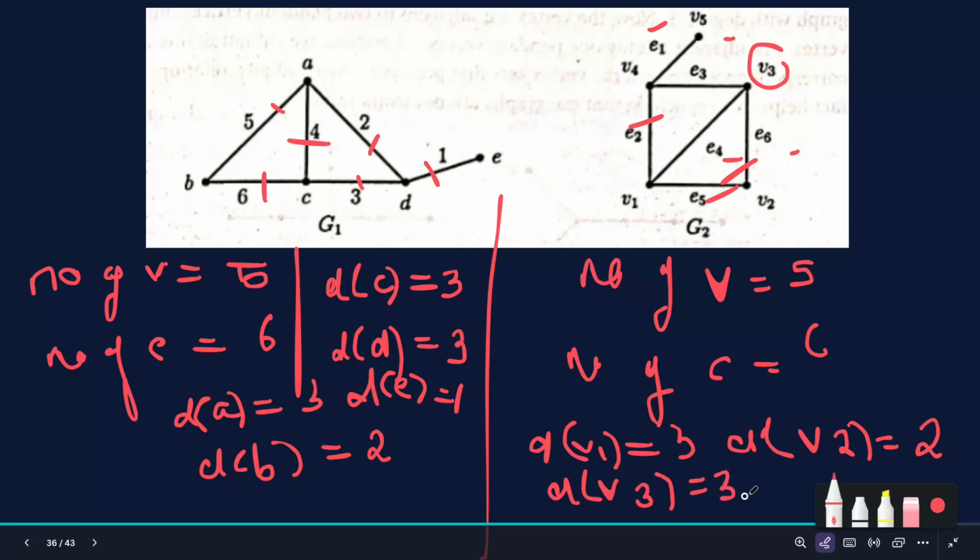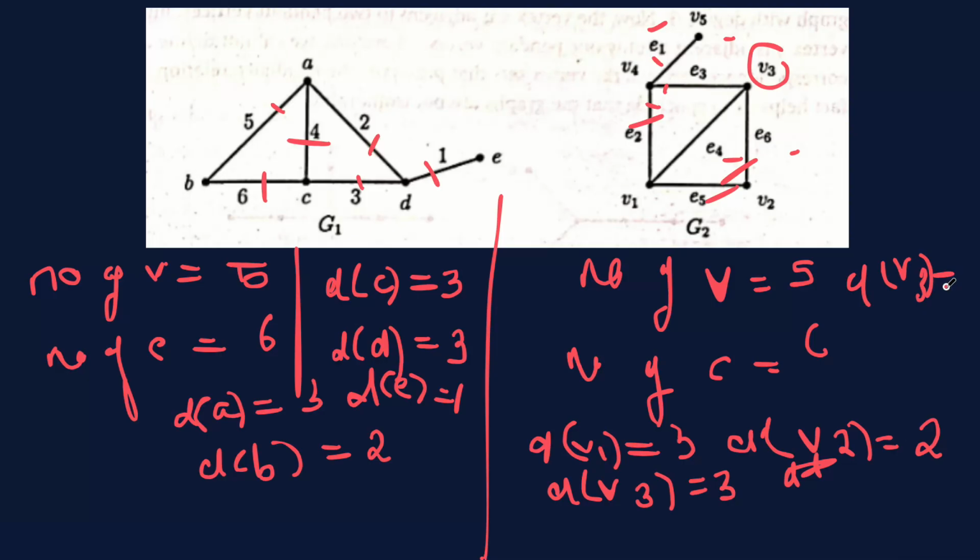Now V4: 1, 2, 3, so V4 is 3. Now V5 is 1.